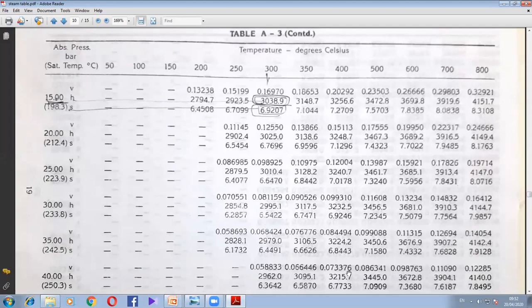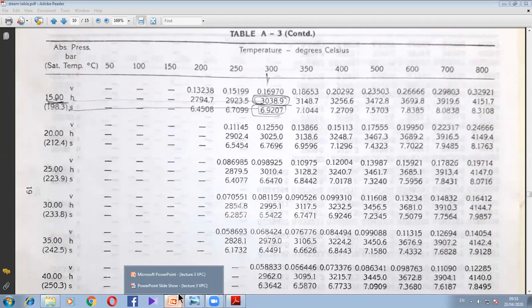Okay. So for our calculation we need H1 and S1. Okay, so here H1 will be 3215.7 and S1 will be 6.7733.